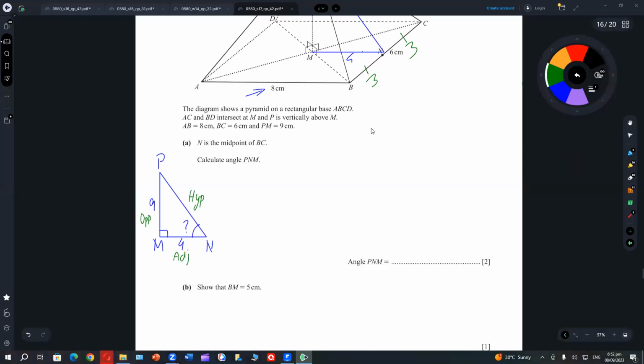I have done all the working. So now you have to help me to solve it. Try to get this angle.